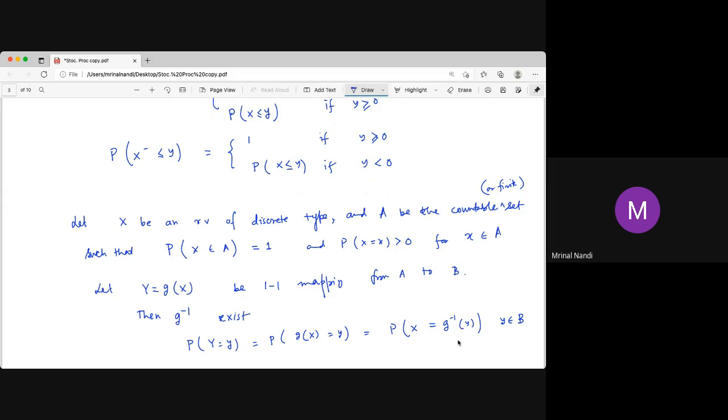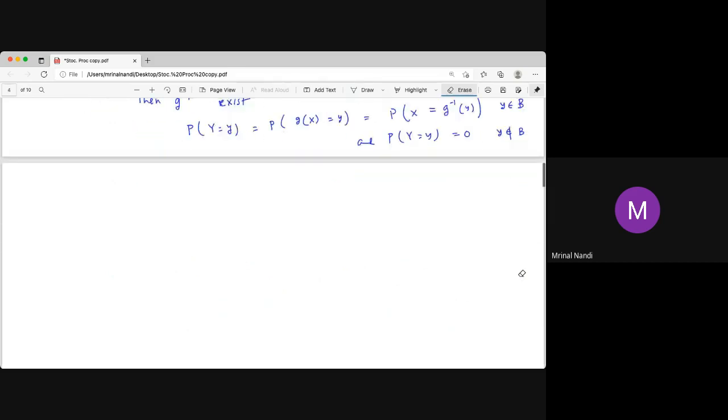But if g is a many-to-one function, not injective, then g inverse of y is not single valued. Then the inverse function does not exist, but we can take the inverse image set. And obviously the probability of Y equal to y must be 0 when y does not belong to B. So this is the probability mass function of the transformed variable.